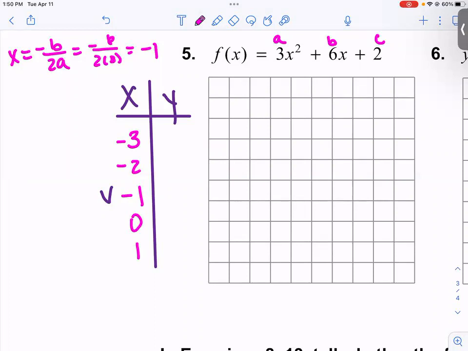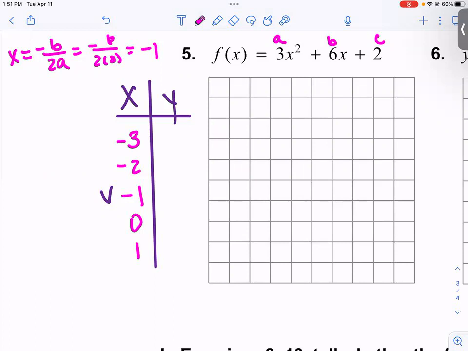And then square is 9 minus 6. Good job. All right.